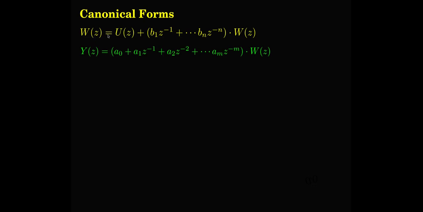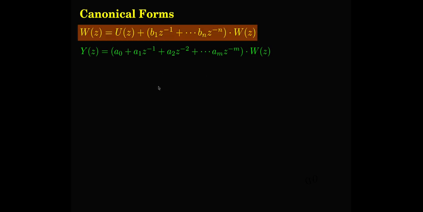One is W(z) equals U(z) plus b1 z to the power of minus 1 and so on, into W(z). The other, the output Y(z), is a0 plus a1 z to the power of minus 1, a2 z to the power of minus 2, and so on, into W(z). Now W is the intermediate variable. Let us use the first one and then make the block diagram.